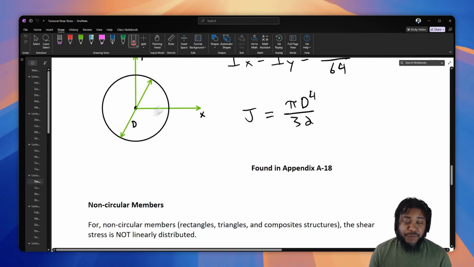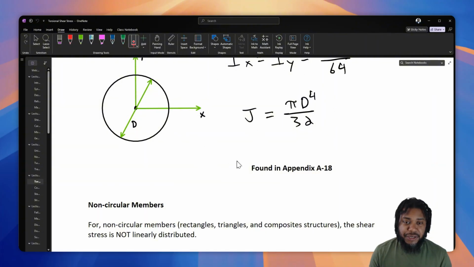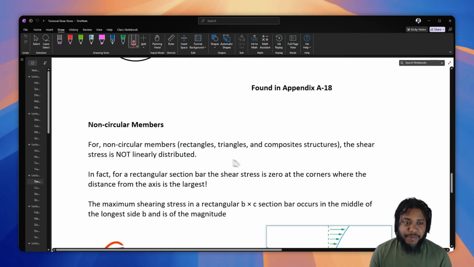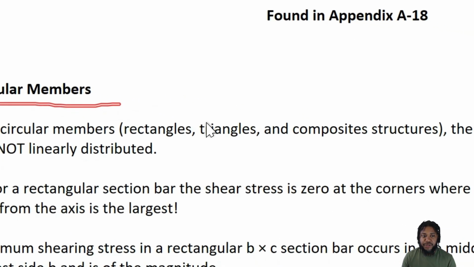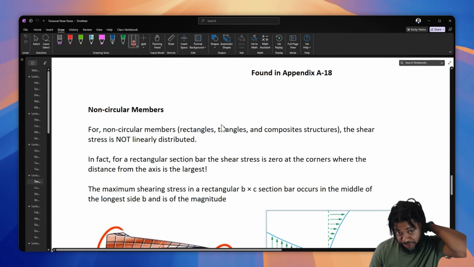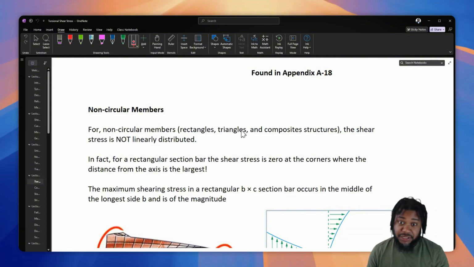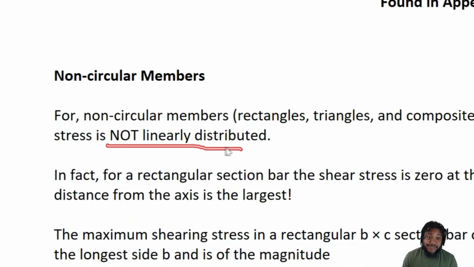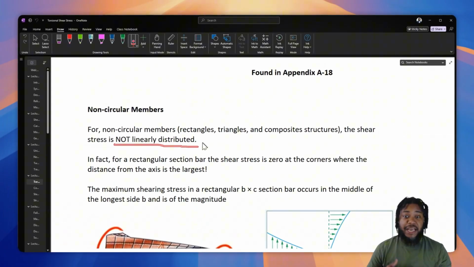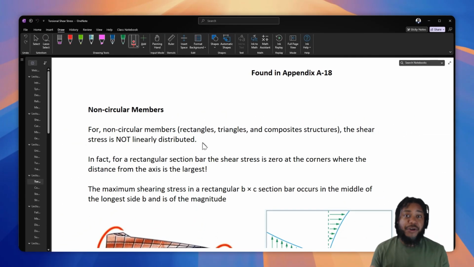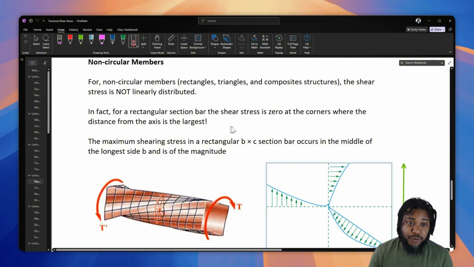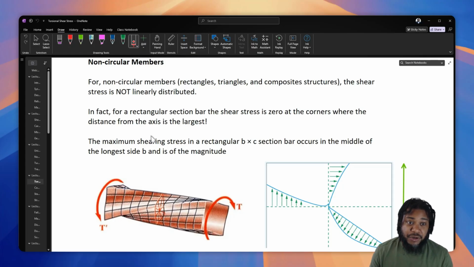Now, thus far we've looked at circular cross sections and the torsional shear stress, but what about non-circular members? For non-circular members, we can't make the assumption that the shear stress is linearly distributed and it's maximum everywhere on all the edges. And for a rectangular cross section, the shear stress is zero at the corners where the distance is largest.